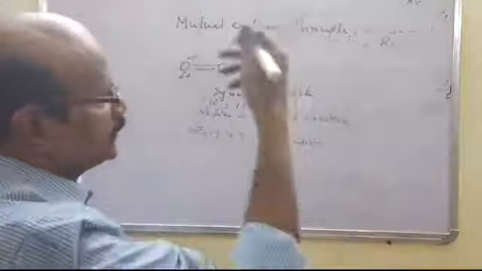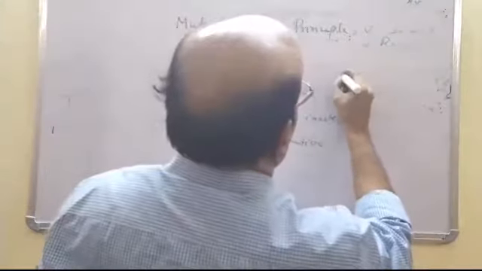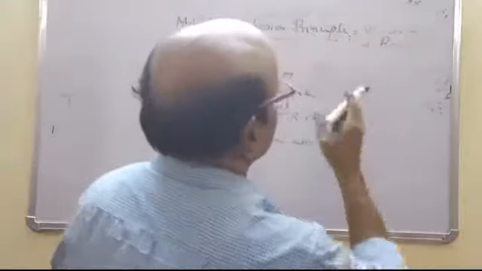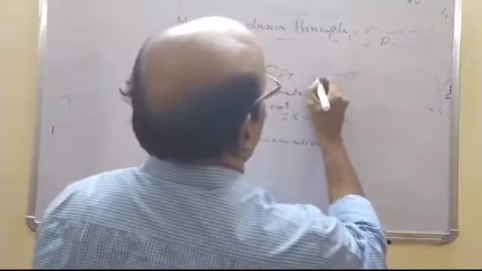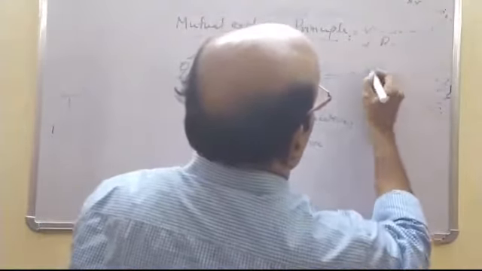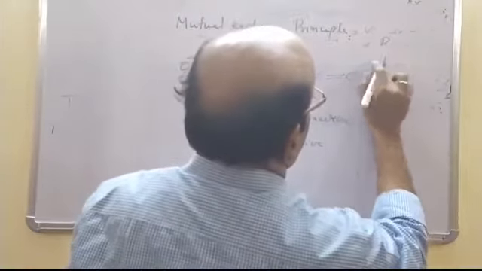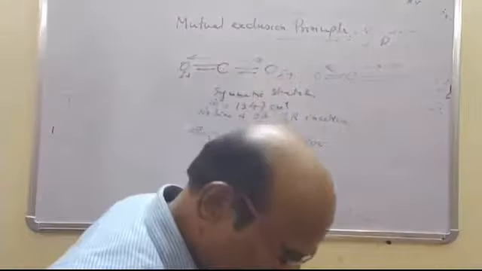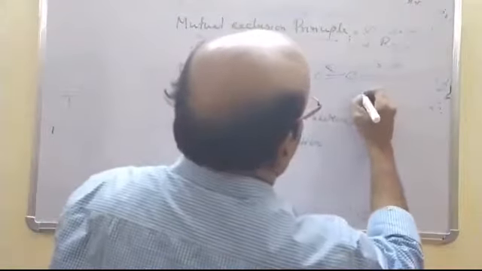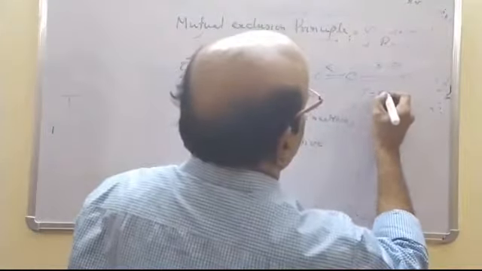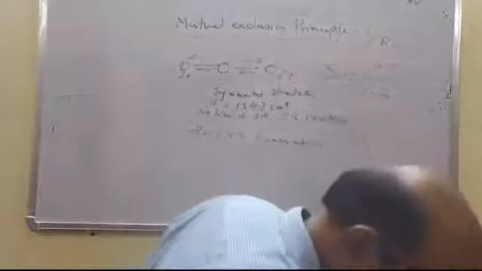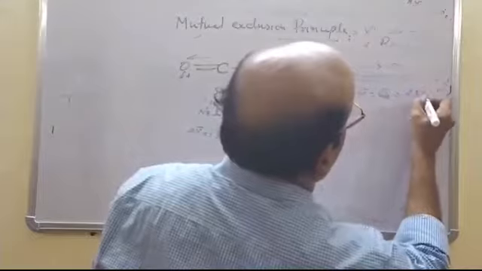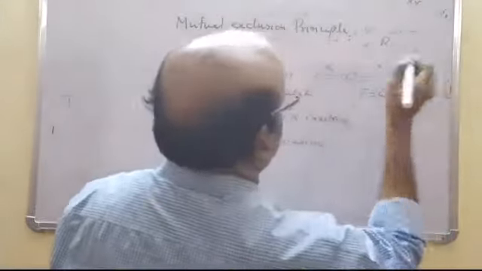But in the case of the other two vibrations of carbon dioxide, that is C double bond O, C double bond O, the asymmetric stretching vibration, it has a line. Nu bar is equal to omega oscillation, 2350 centimeter inverse, line ഉണ്ടാവും.